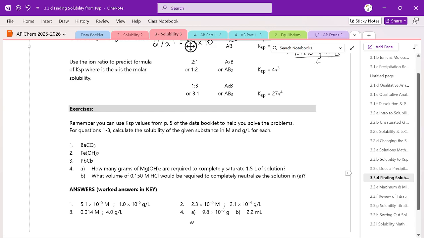We did titration last year, so we'll review it this year. Next class we're going to be reviewing titration, maybe next week, because I need to give you a quick math review. And then we study.